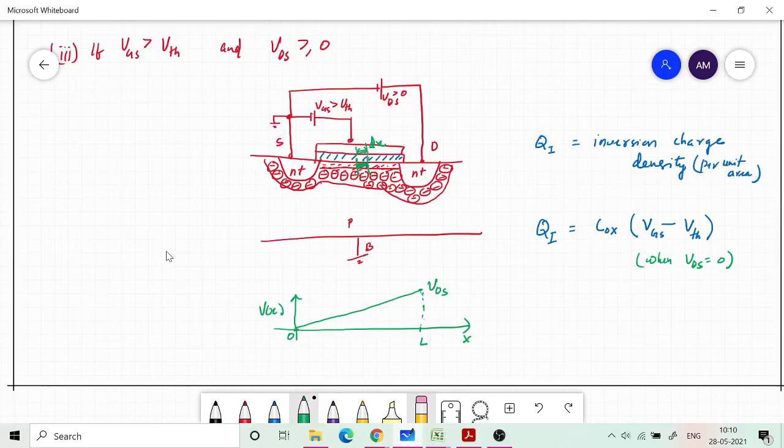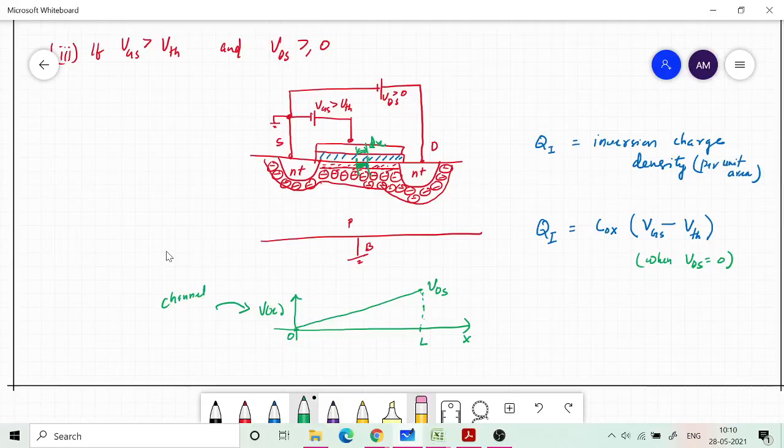It's a long resistance. As you go along its length, at one end it will be 0, the other end you will have the full potential, but at any point in between, the potential will vary linearly with the distance. So V of x is called the channel potential.